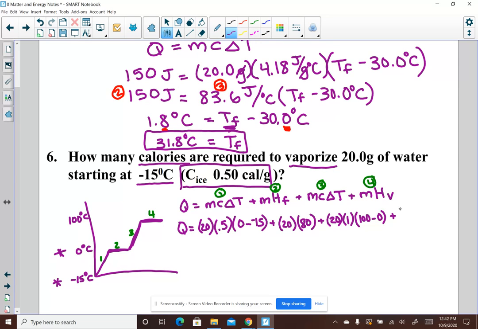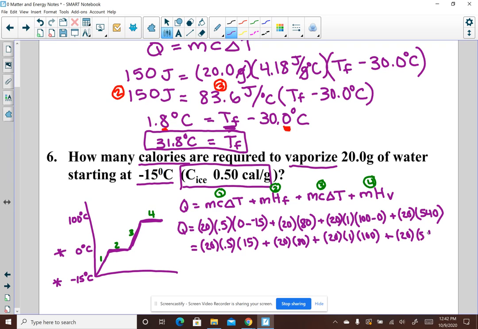And my last phase, I have 20, and heat of vaporization would be 2260 for joules, but 540 for calories. Let's just go through and at least do the subtractions first. So this was a 15-degree change, 20 times 80, 20 times 1 times 100, and then 20 times 540.